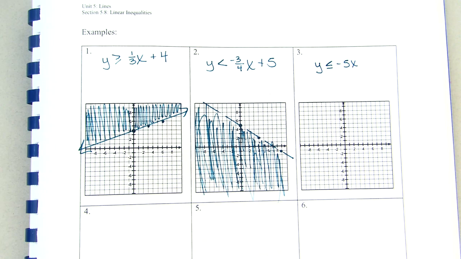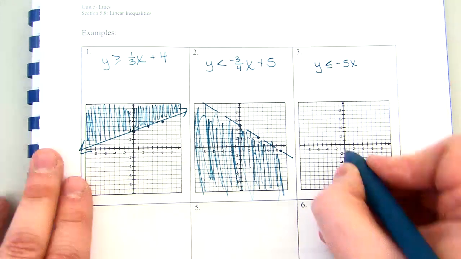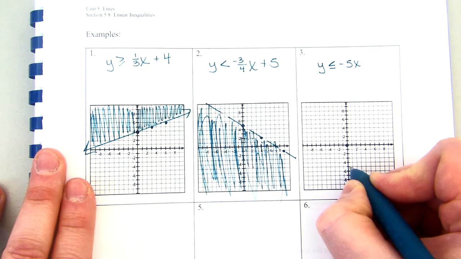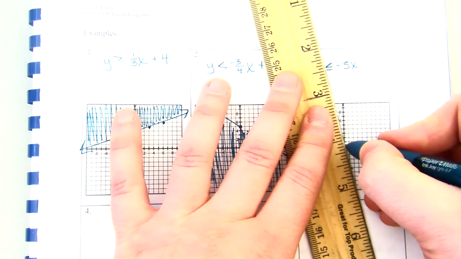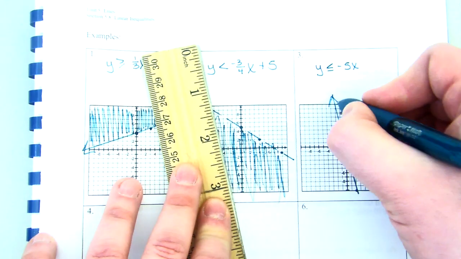What's your y-intercept? 0. Down 5 over 1. Down 5 over 1. We already said solid line, so solid line there.